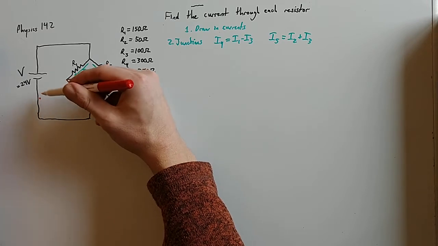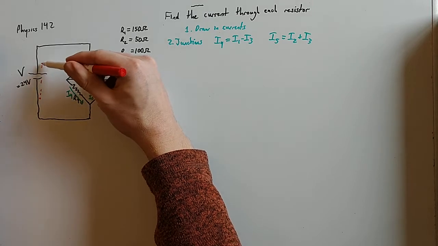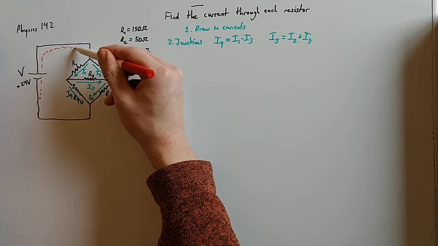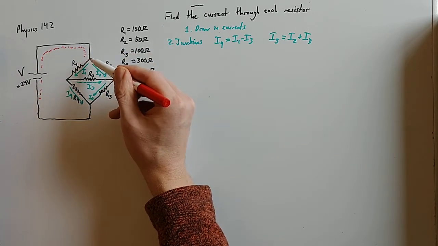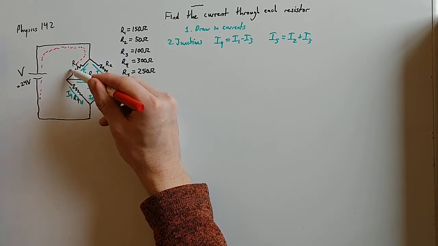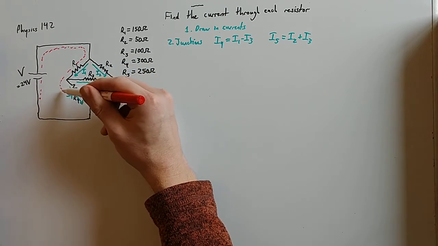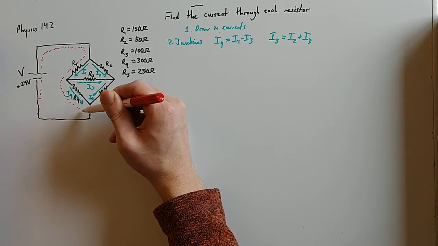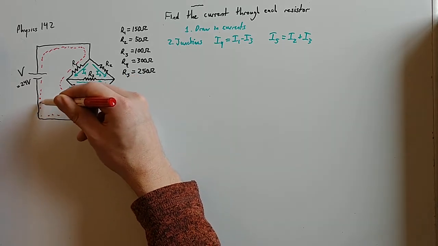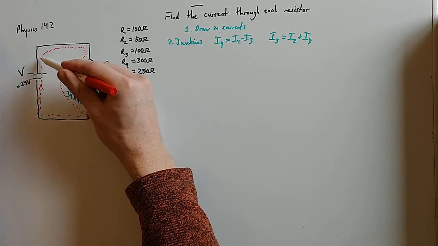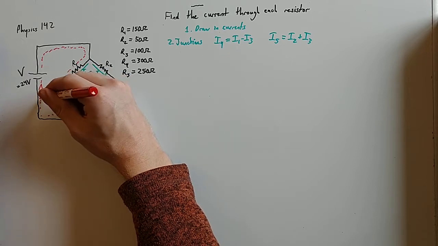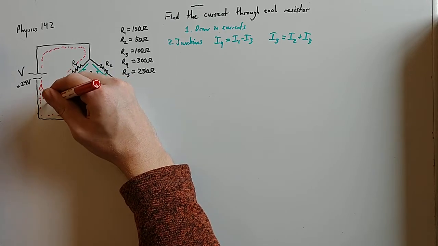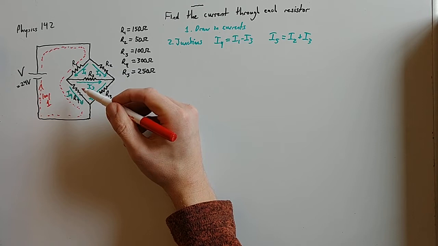We're at 0 potential, and we're going to go a loop around here. We're going to loop around, and we'll go through R1, and we'll go through R4, and then we'll get back to where we started. So this will be our loop. I'll call this loop number 1.